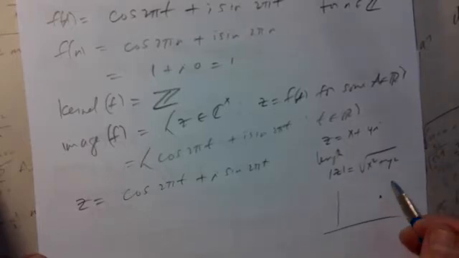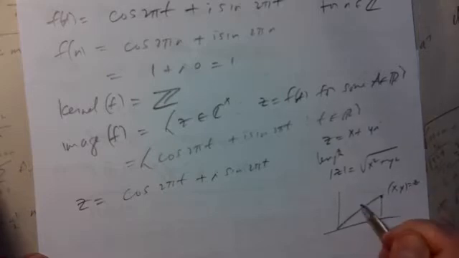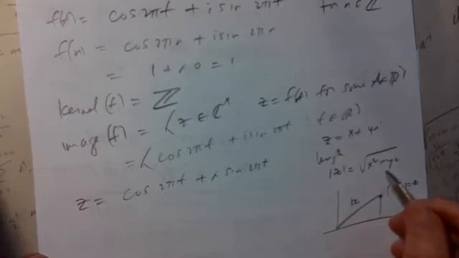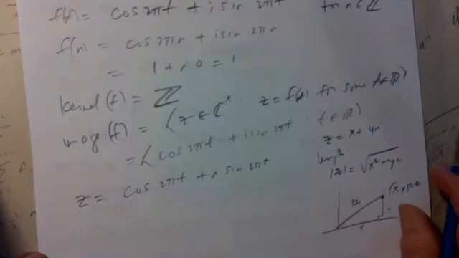Here you have the point (x, y) in the plane. That's your complex number. And the length, just the Pythagorean theorem, the length of z is just the square root of x squared plus y squared. It's just the length of the hypotenuse.